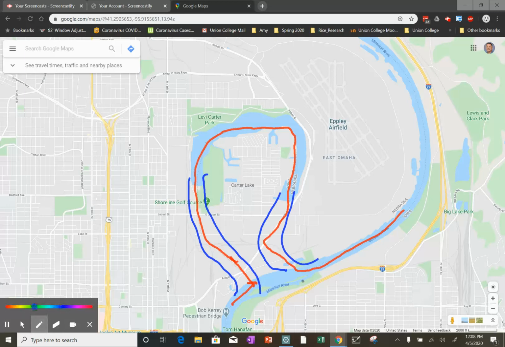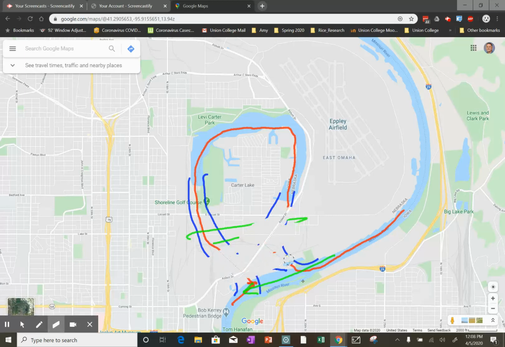As it flowed rapidly, it cut across here, creating a new path for the river and leaving off this region that used to be part of the river. So this up here is no longer part of the river. But when the border was drawn, it was part of the river. And so we now have Carter Lake out here that's an oxbow lake.